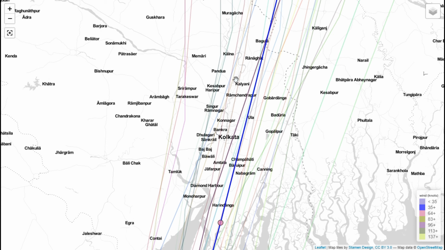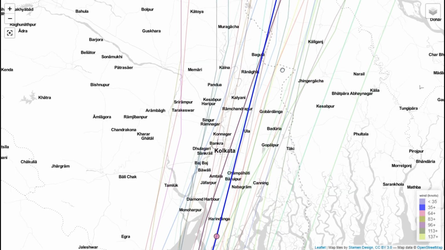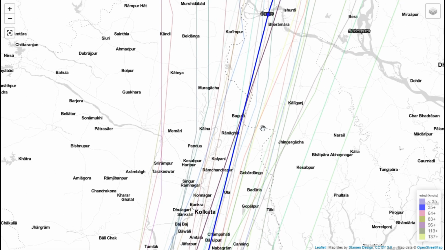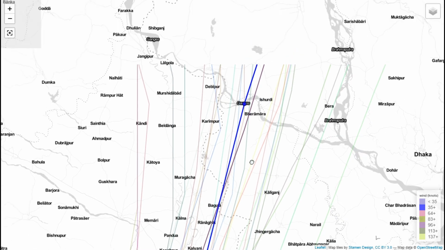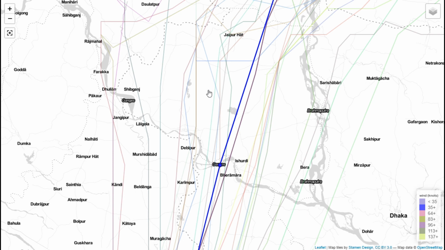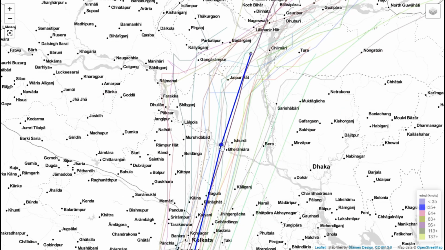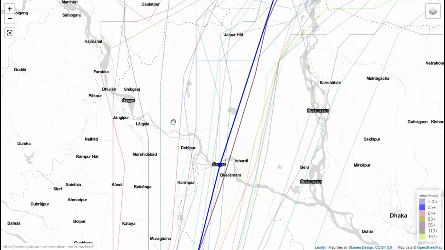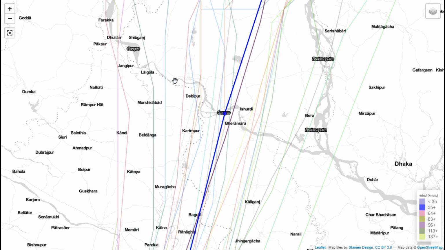Now the cyclone will move towards the northern part of West Bengal, and as you see, our fourth point is here. That is within Bangladesh. If you look at the map carefully, this is the international border. So this part is West Bengal and that part is in Bangladesh.